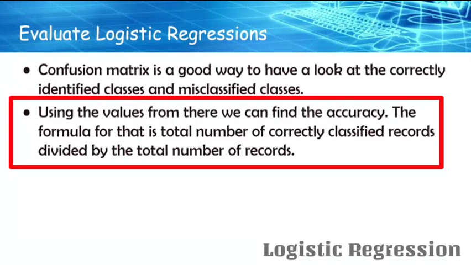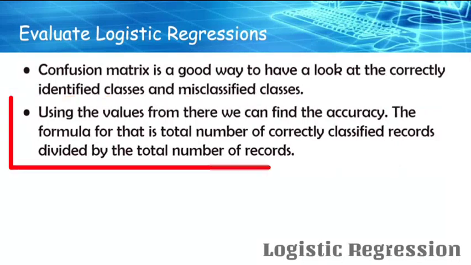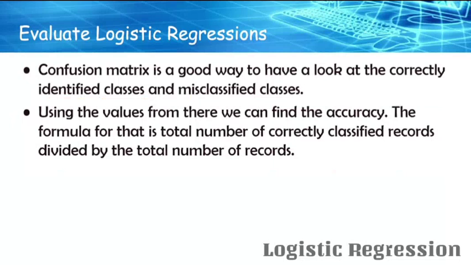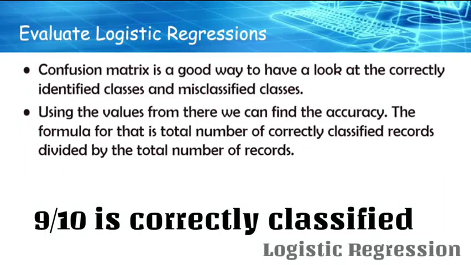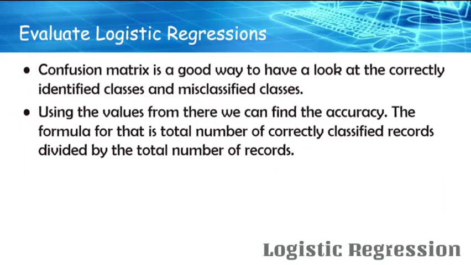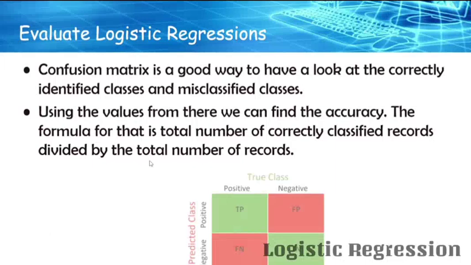That will directly give us the accuracy. So maybe 9 out of 10 are predicted correctly, and one more is not. So you can just do 9 divided by 10, which is 0.9, an accuracy of 90%. Okay, a basic example.